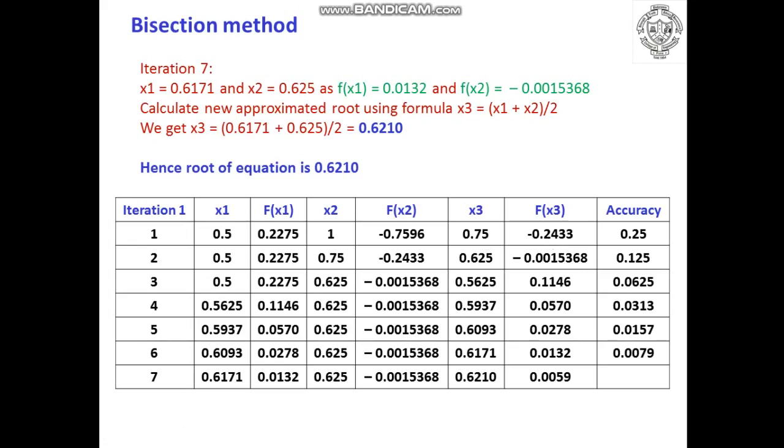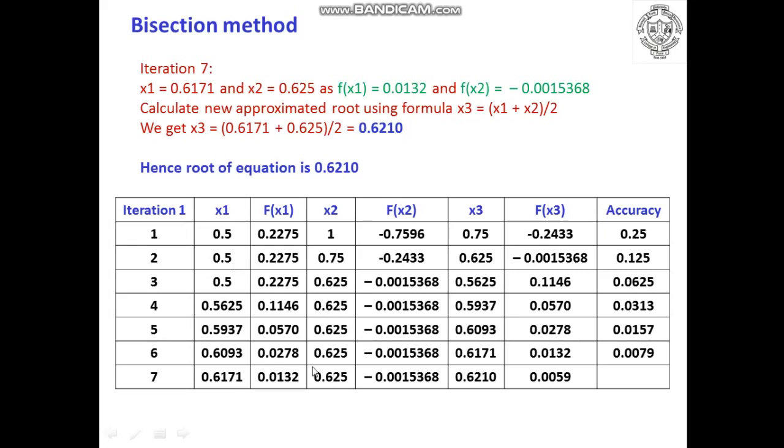So the signs of f of x2 and f of x3 are the same, so we have replaced x2 with x3. So the value of x2 is taken as the value of x3 from the previous iteration, and the value of x1 remains as it is, which is 0.5.